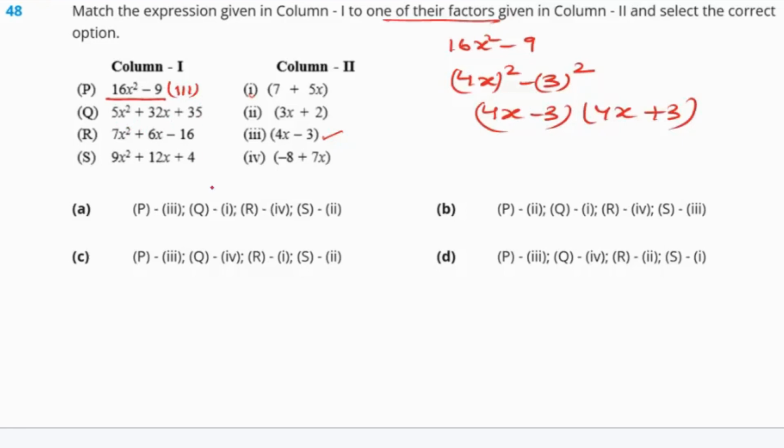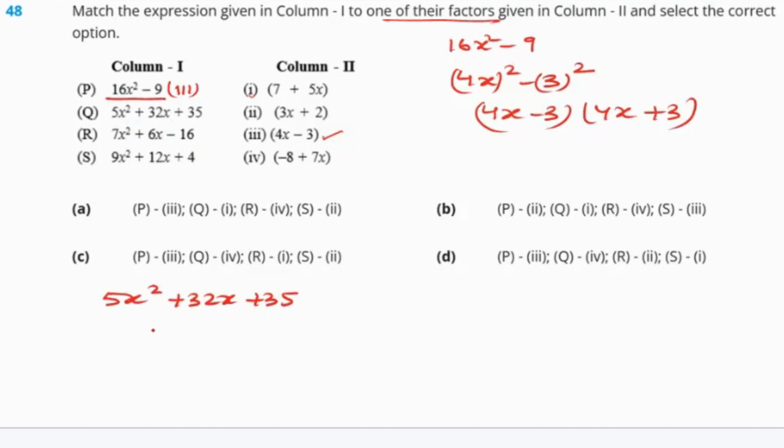Now 5x square plus 32x plus 35. We need to solve it with the middle term splitting method. First we need to multiply 5 and 35, and we get 175.